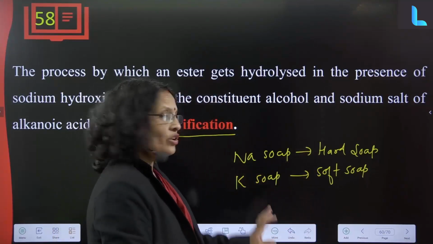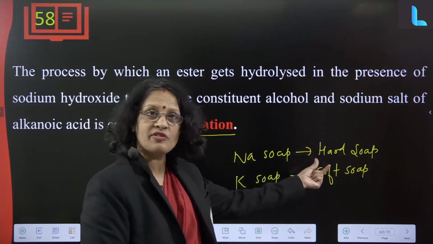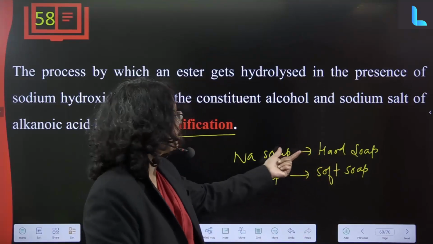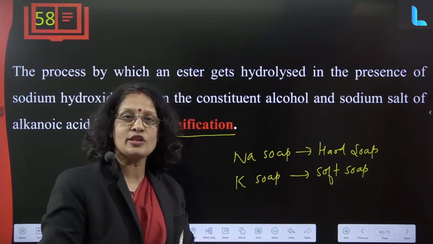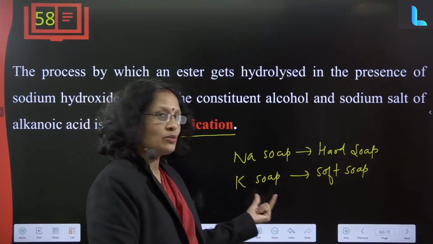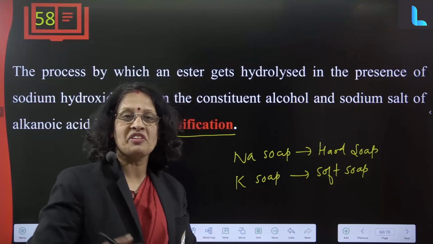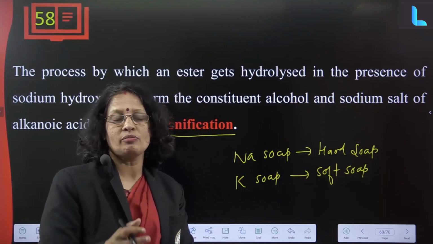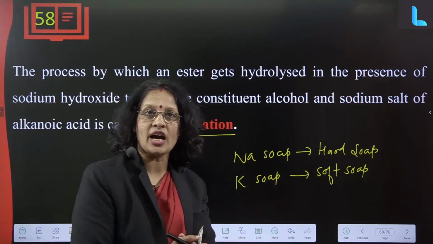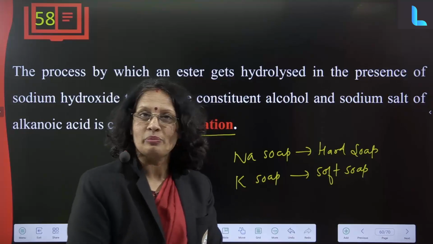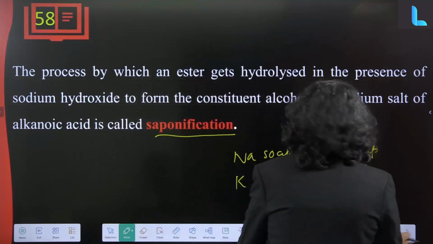Sodium soaps are used for hard surfaces, hard objects, like washing clothes, washing any surface, as a cleansing agent. Potassium soap is used for body soaps, face wash, shampoos, because human skin is very soft. All these detergents, if you use them, are very harsh. So that is why soft soaps will be used for that purpose.